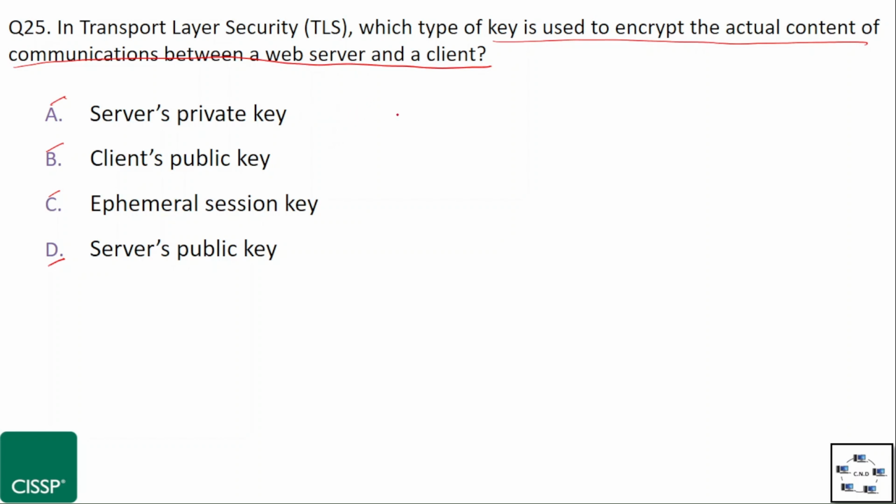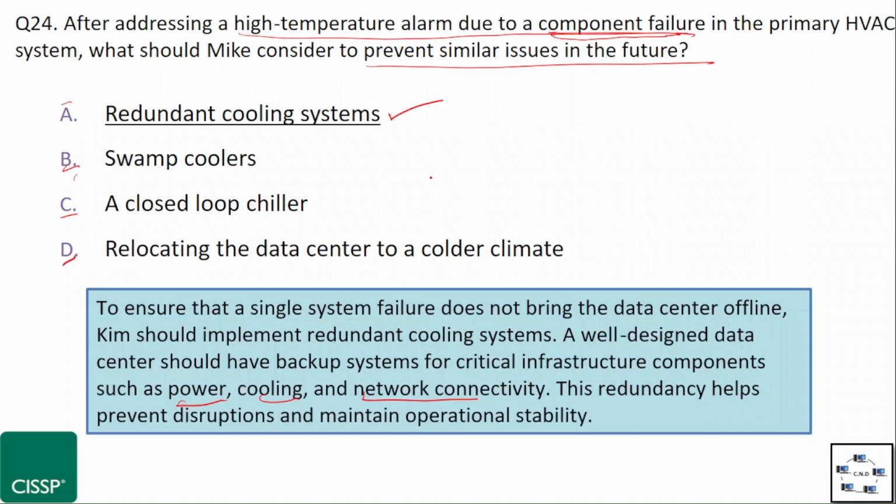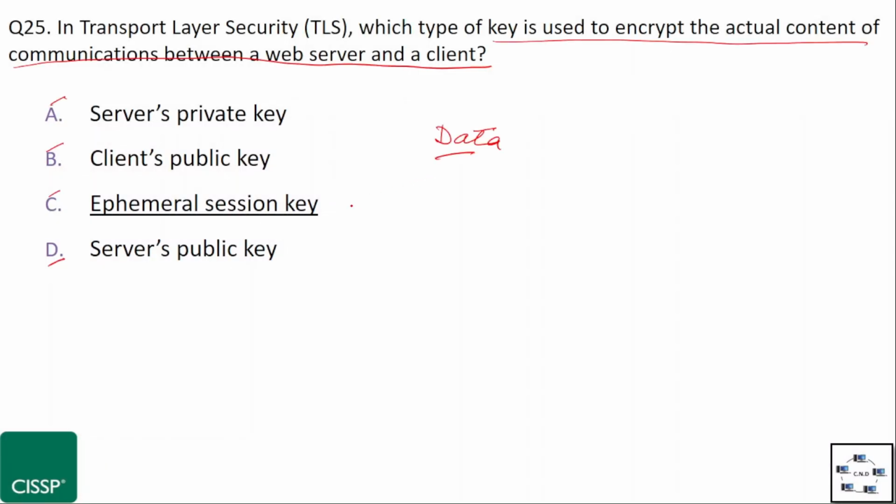So remember that the actual content or data is not encrypted with the public key or the private key. It is the session key, or ephemeral session key, that is used to encrypt the actual data or content.